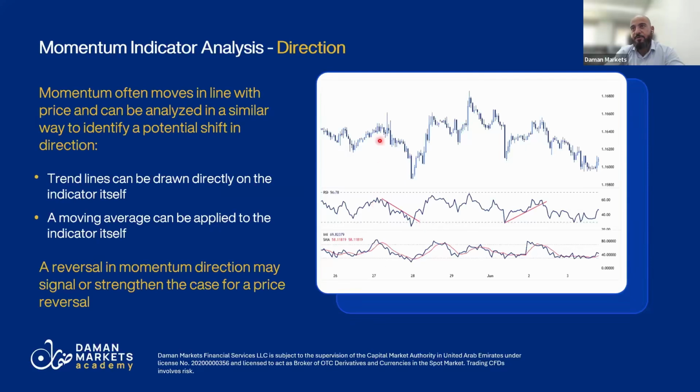As long as prices are below a certain trend line, we can consider that the trend is down. When prices cross above a certain trend line, we could be witnessing a reversal in the trend. These same techniques can be applied to the momentum oscillators as well.